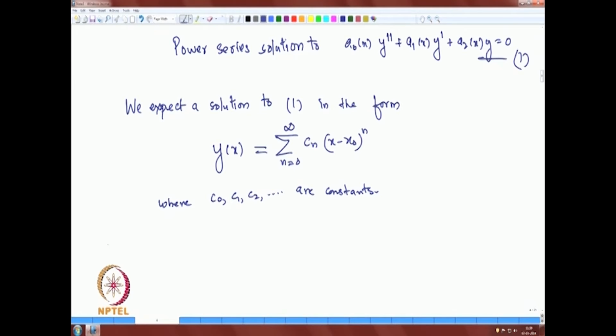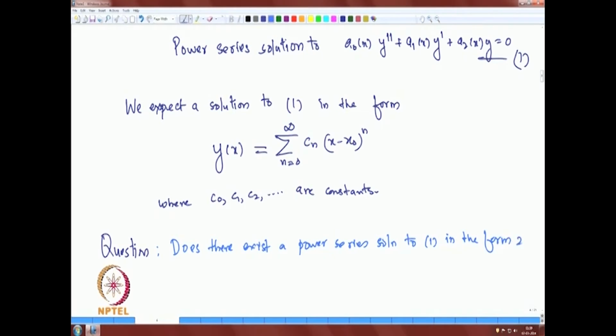Now, the question is: does there exist a power series solution to 1 in the form 2? So, call this form as 2. Does there exist a power series solution to the above differential equation in the form 2?